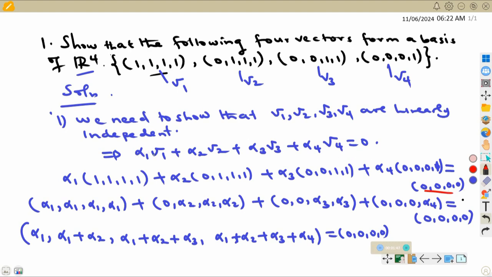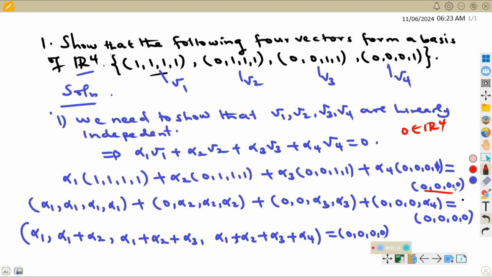So then we already have V1, V2, V3, and V4. So we shall put these vectors here: this is corresponding to V1, this is corresponding to V2, this is corresponding to V3, this is corresponding to V4, and of course our 0 vector in R to the power 4 is the same as the 0 with 4 components.